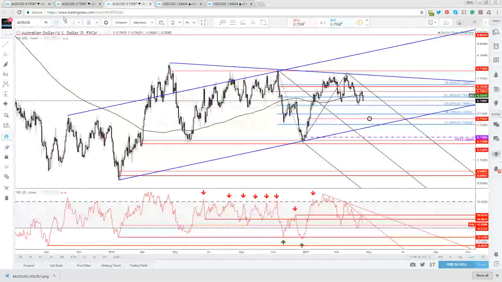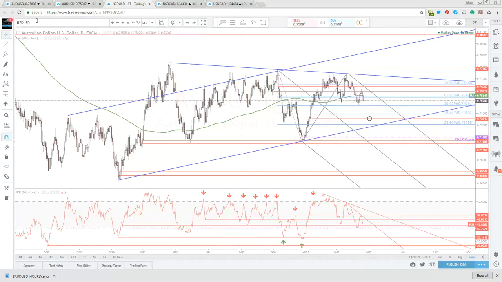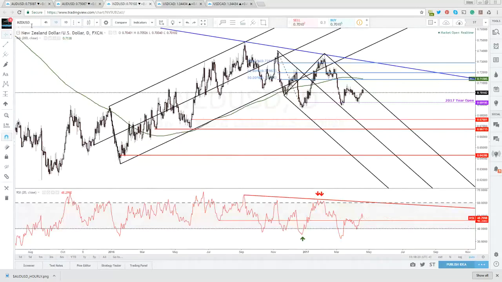Okay, next, Kiwi. Kiwi, very interesting, is always really nice with forks. It's amazing. So if you look at this one, I played this for all last year, basically. Here was a little bit of a false break. Then I thought, oh, we're going back into the fork.